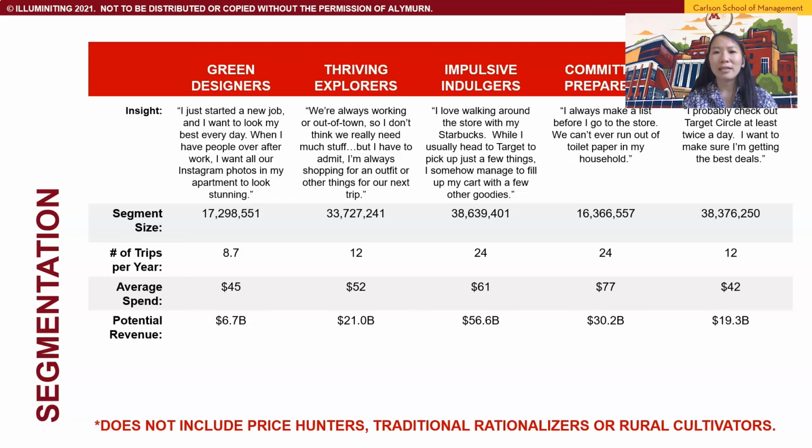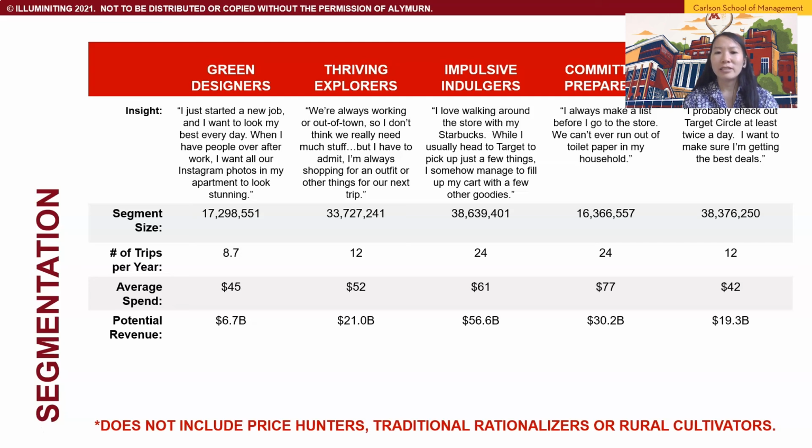These are how many times each segment is visiting Target each year. The impulsive indulgers and the committed preparers are visiting almost twice a month, at the most 24 times a year, while the thriving explorers and the avid circlers are visiting just once a month at 12 times a year. And finally, the green designers make the fewest trips because they're only visiting once every 6 weeks.